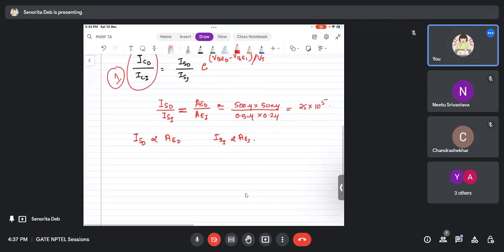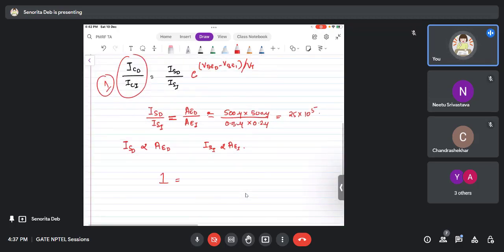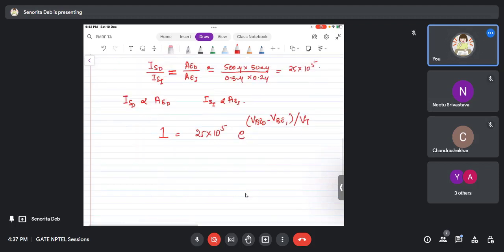So now 1 equals 25 into 10 to the power 5 e to the power (VBD minus VB1) by VT. So please solve and tell me what answer you are getting.